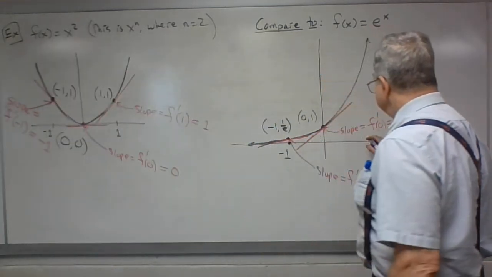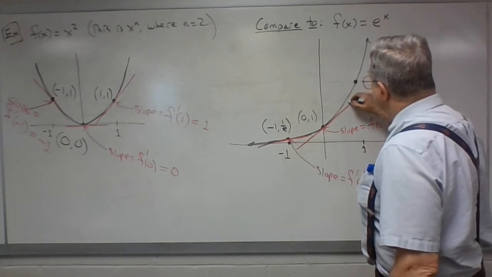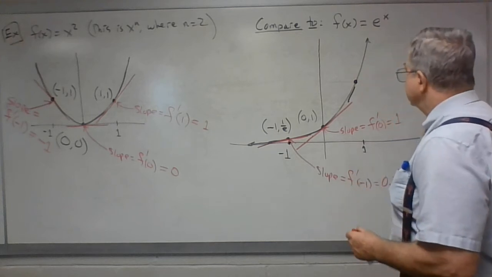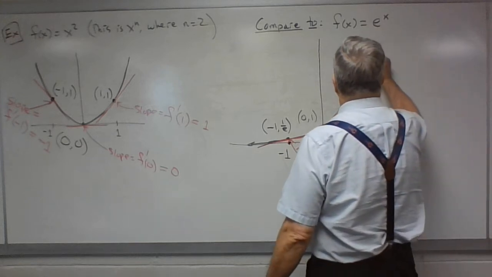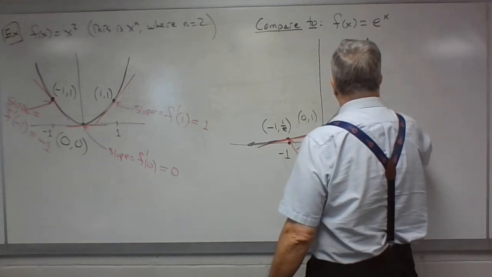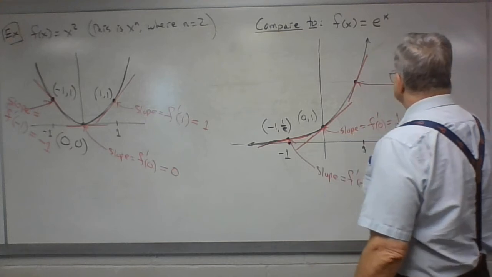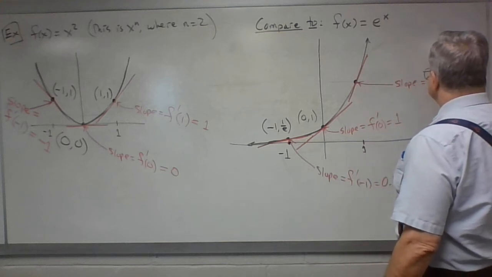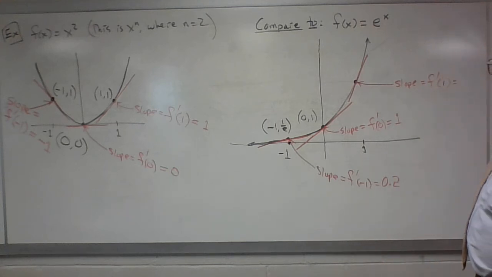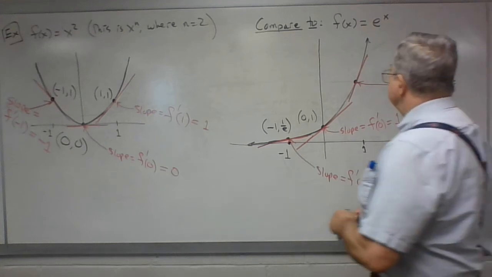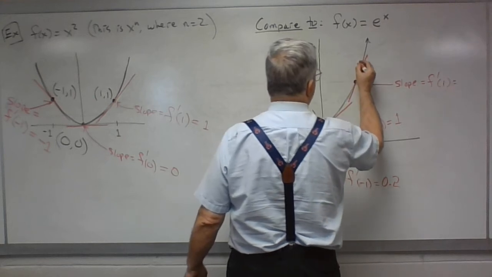And what about when x equals +1? Now, I guess I can sort of guesstimate the slope of this if I go from this point on the tangent to this point on the tangent.